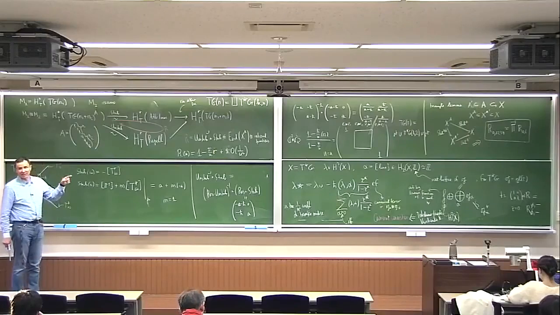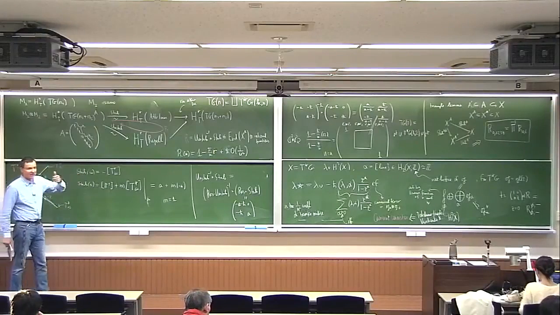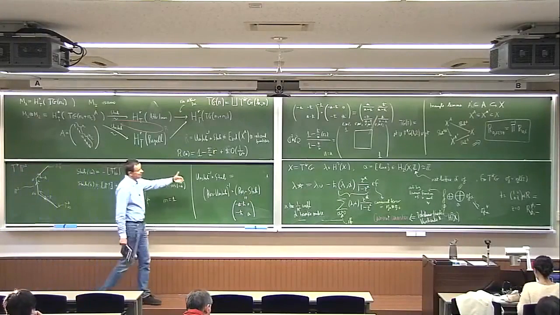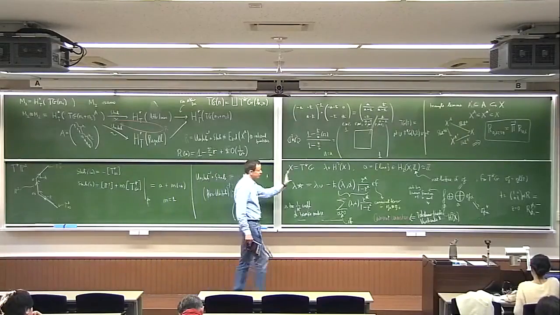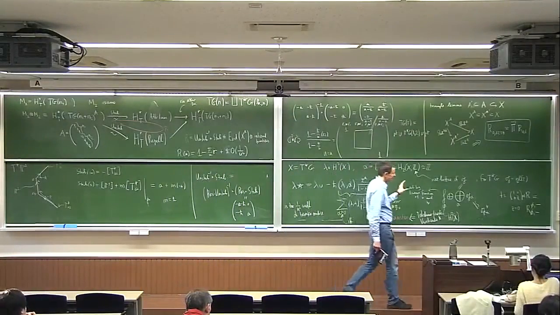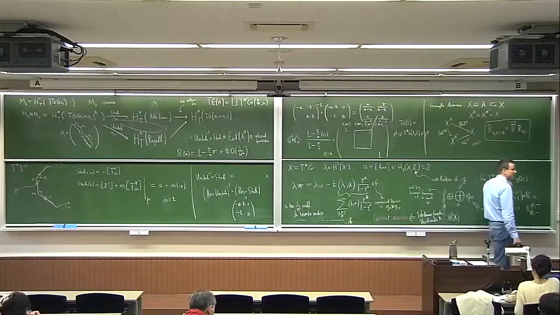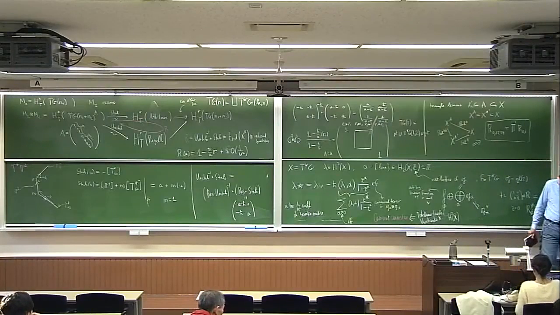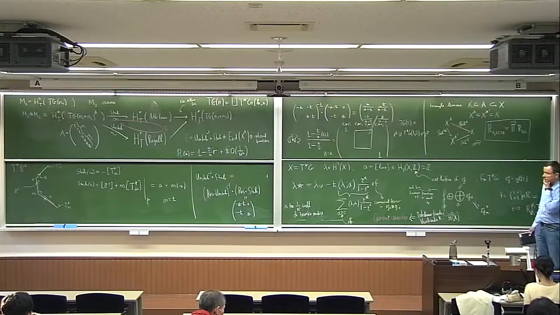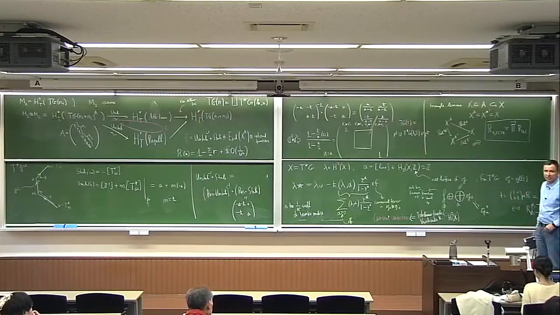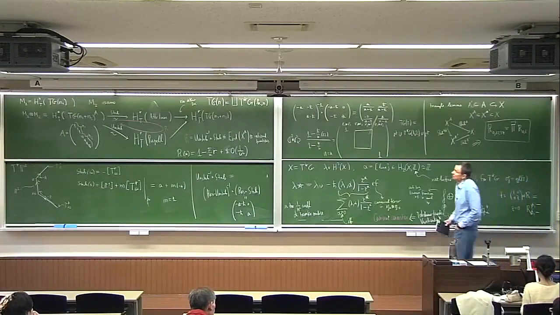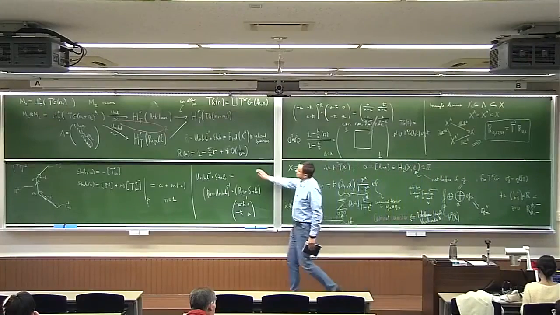But for eigenvalues, we will have that. Now to bring this back to the problems of Bethe ansatz, I will now explain how one computes the spectrum of these operators.